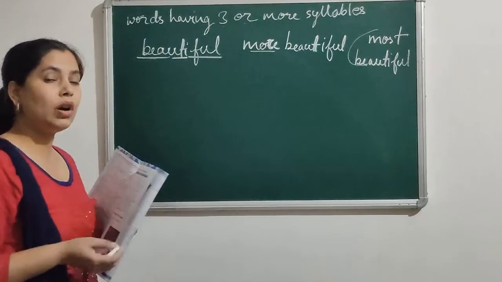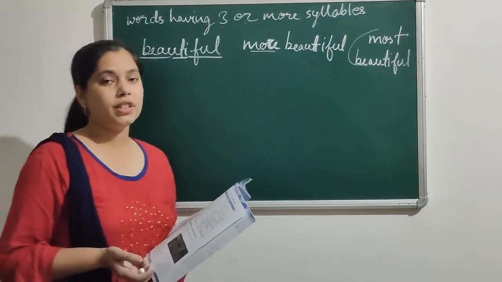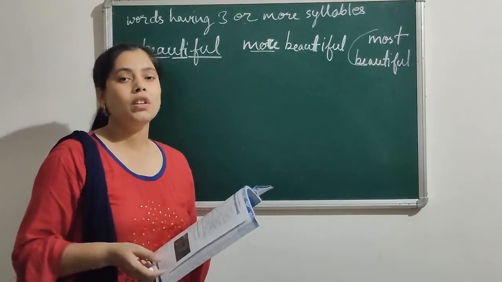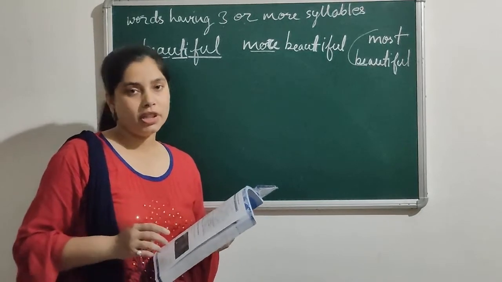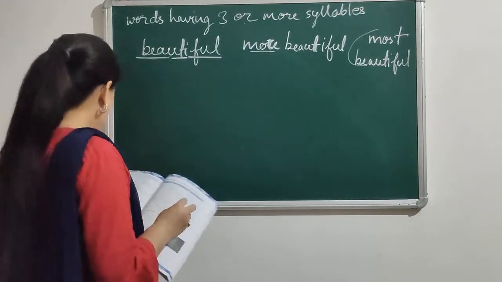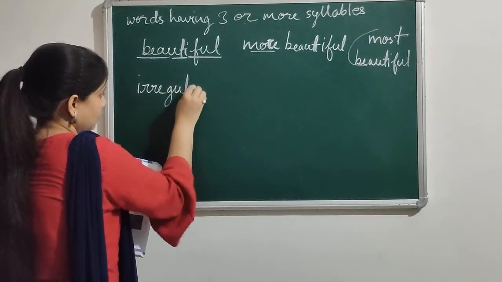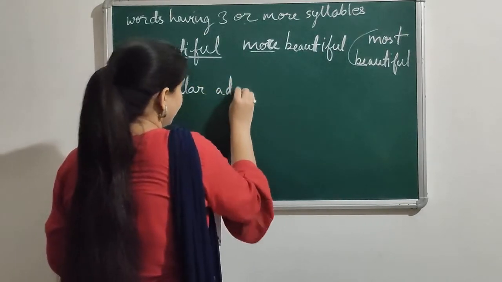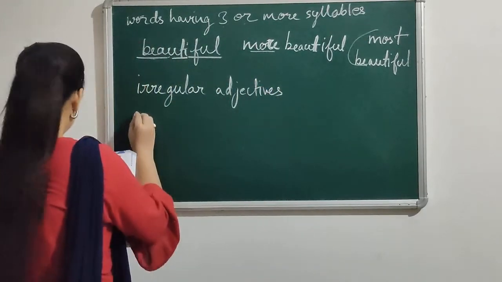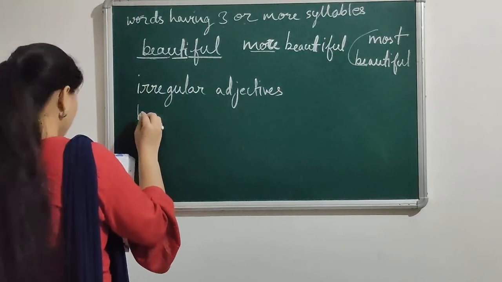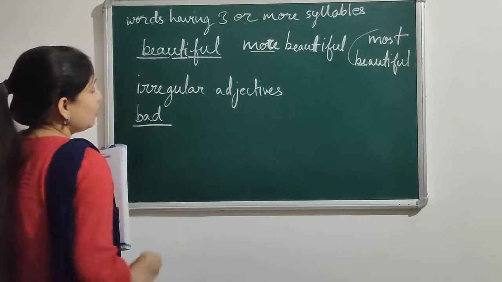Now we will talk about some irregular adjectives. Dear students, there are some irregular adjectives which change their form totally when we give the comparative and superlative degrees of them. For example, bad. Bad is the positive degree.